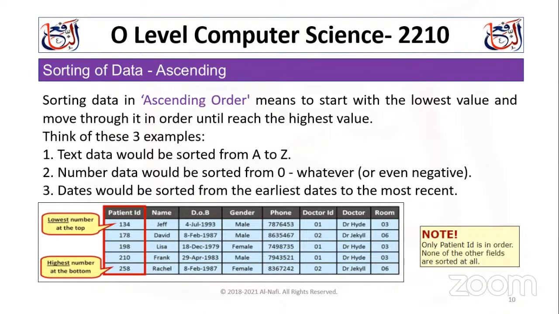Text data would be sorted from A to Z in ascending order. Number data would be sorted from 0 or even negative to the higher. Dates would be sorted from the earliest date to the most recent date. This is important in the exam, they will ask you.